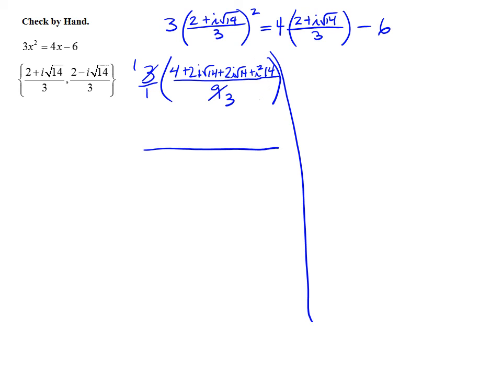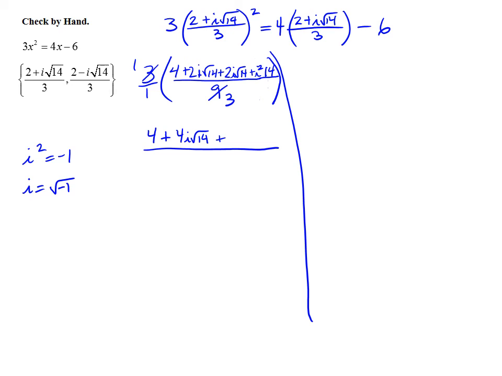And let's simplify that numerator. We've got 4 plus, well, 2i square root of 14 plus 2i square root of 14 is really 4i square root of 14. And then I have plus i squared times 14. A little reminder, i squared is equal to -1 because i is equal to the square root of -1.